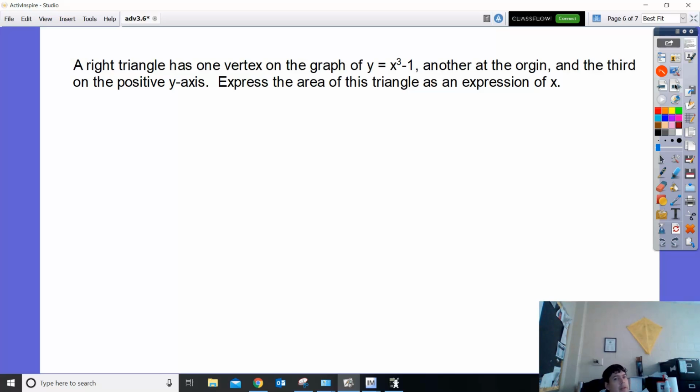But a right triangle has one vertex on the graph of y equals x cubed minus 1. What does x cubed minus 1 look like? Looks like this. Starts low, ends high.